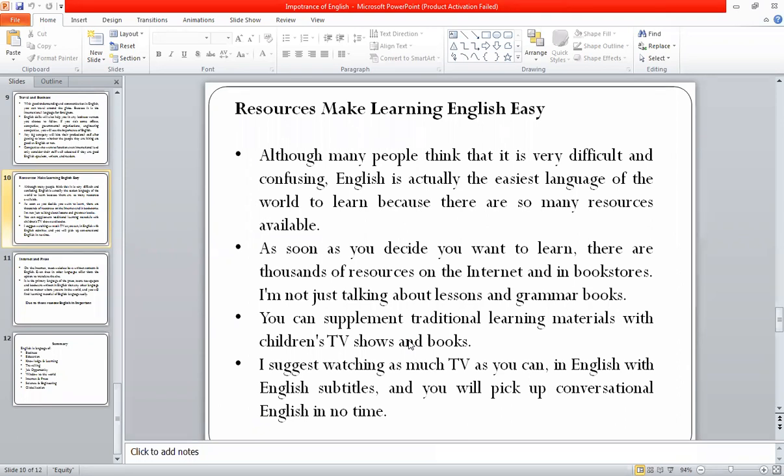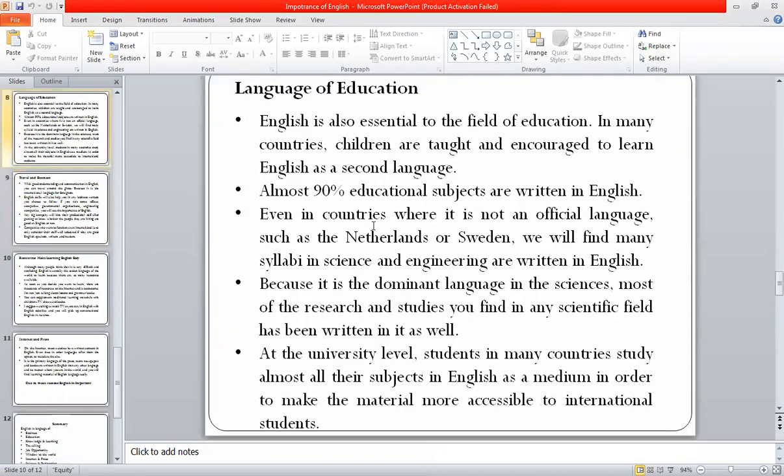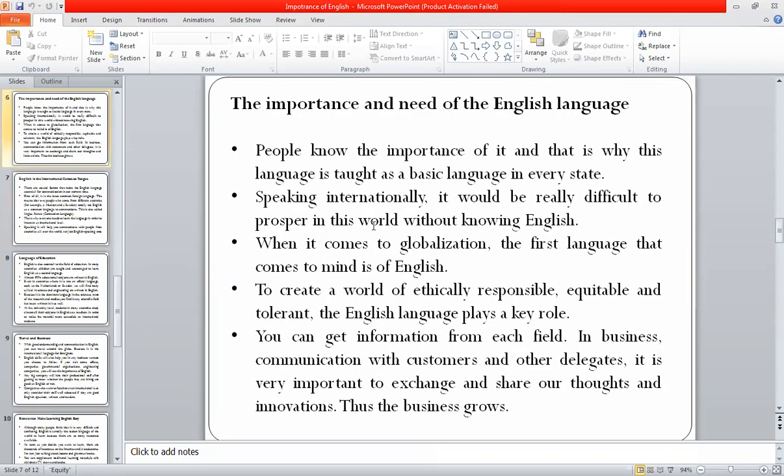It has now become a global language, and we can say that it is the most important foreign tongue, the most important foreign language we are learning these days. There are many other languages also, like French or German or Spanish or Italian, but these European languages do not have that much influence.